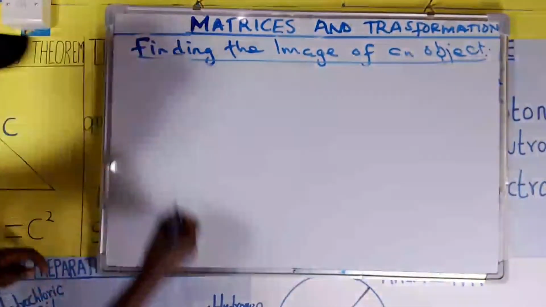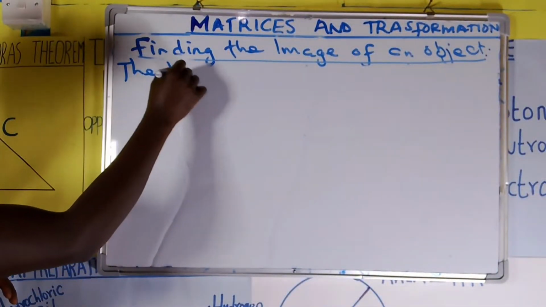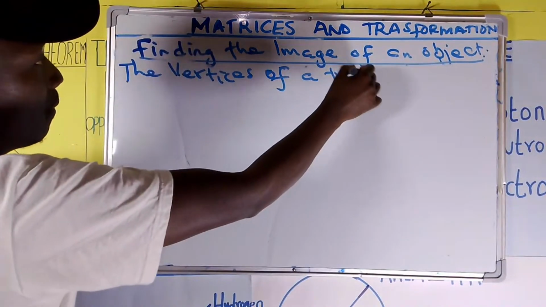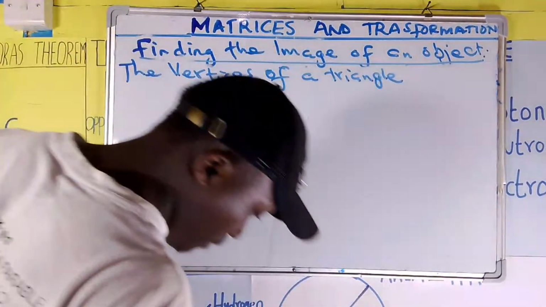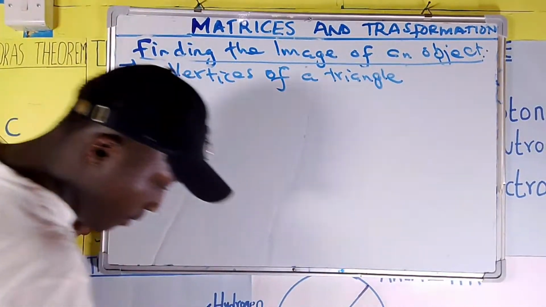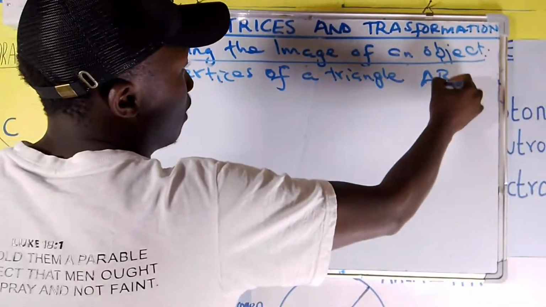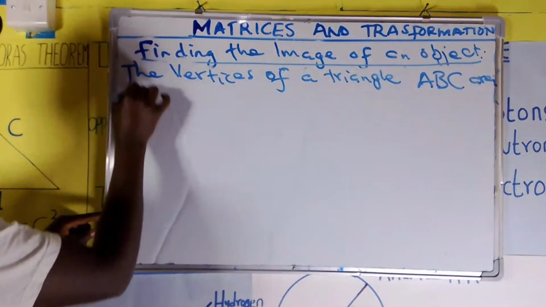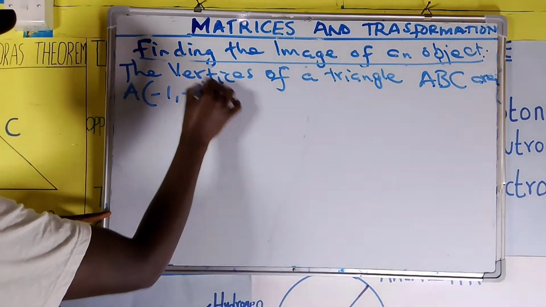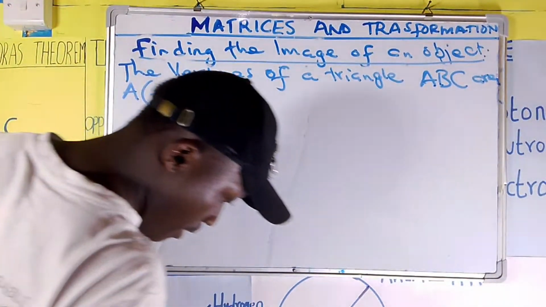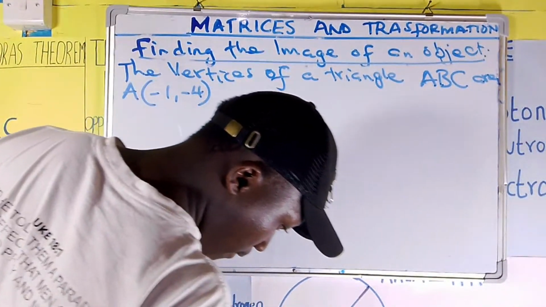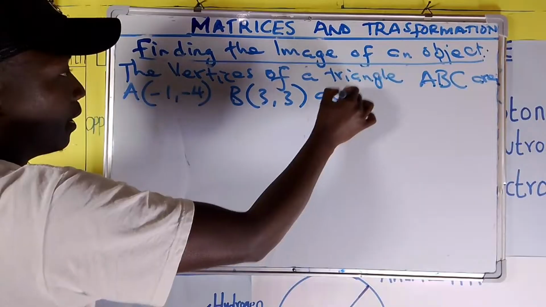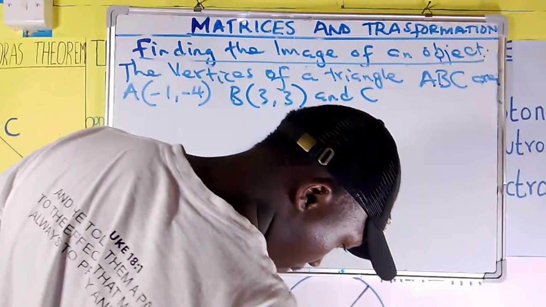The vertices of a triangle ABC are A(-1, -4), B(3, 3), and C(2, 5).